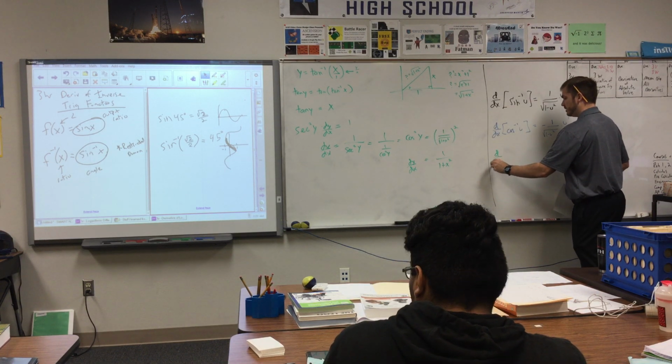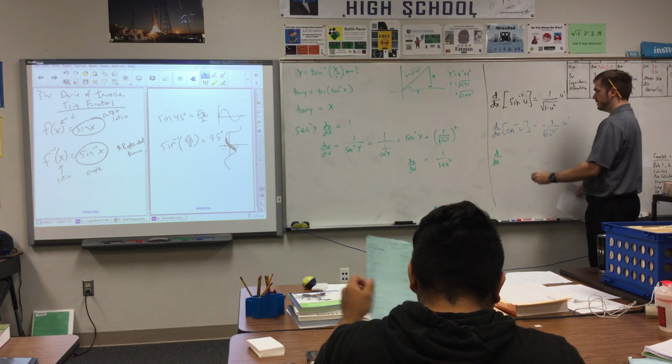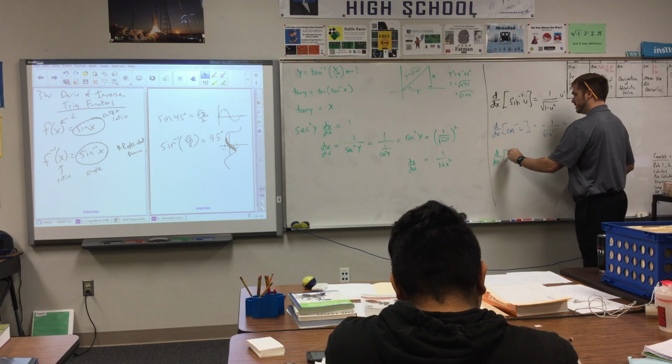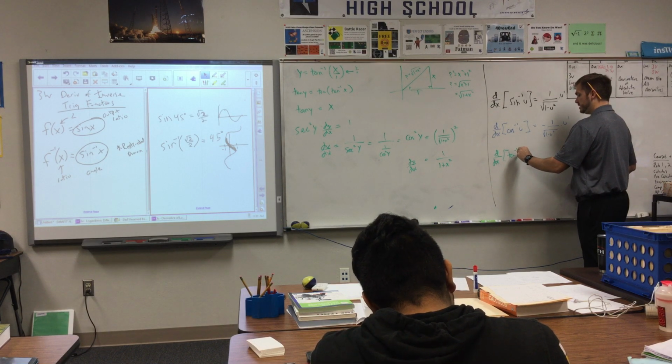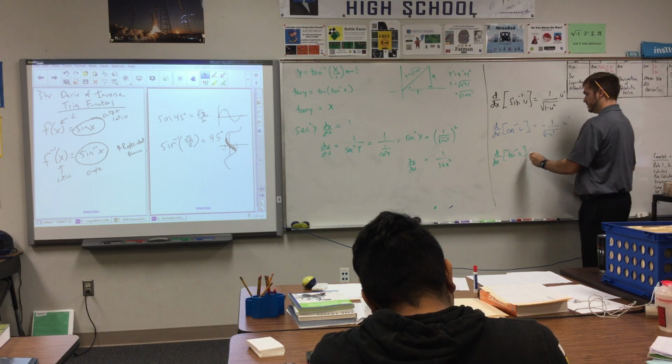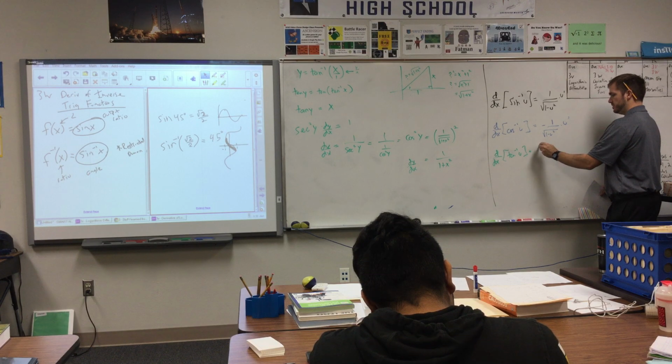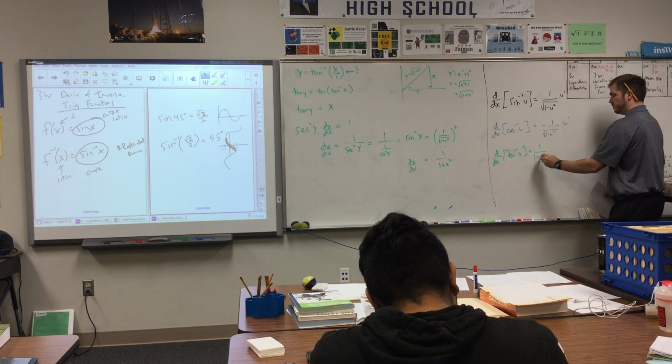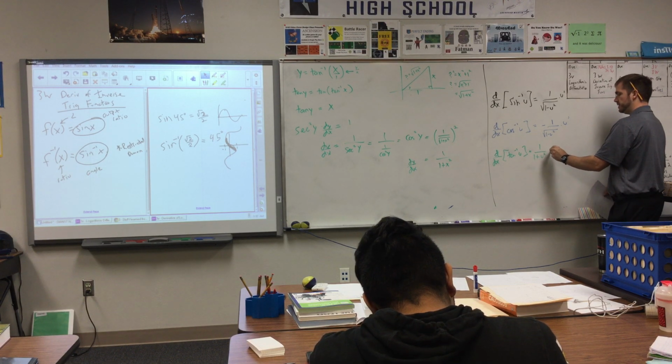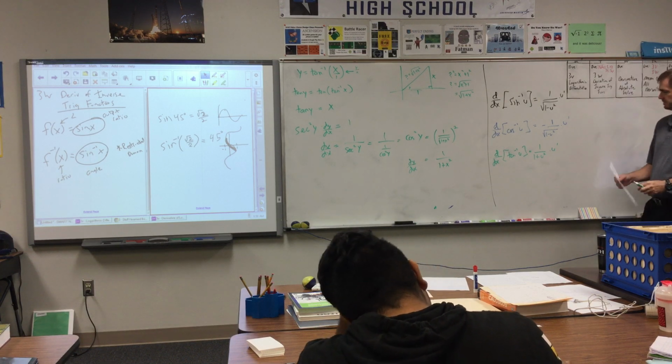So, add another one on the list. The derivative with respect to x of inverse tangent of u is 1 over 1 plus u squared times u prime.